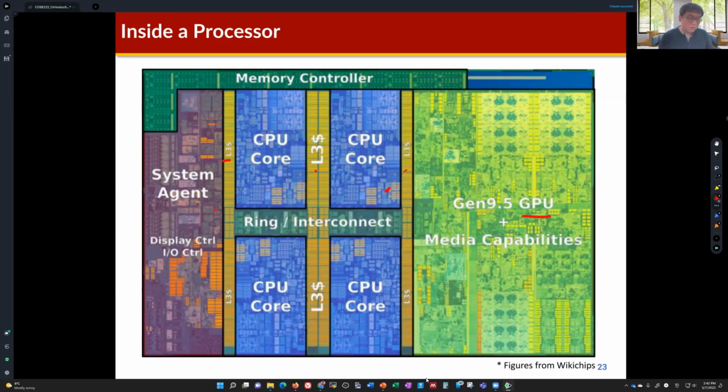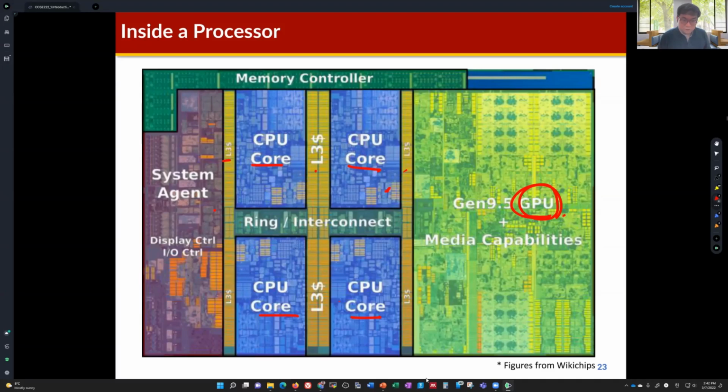So we can know, oh, this i7 processor has 4 CPU cores. Also, this i7 CPU has a GPU part here, so without a separate graphics card, we can still use the display.